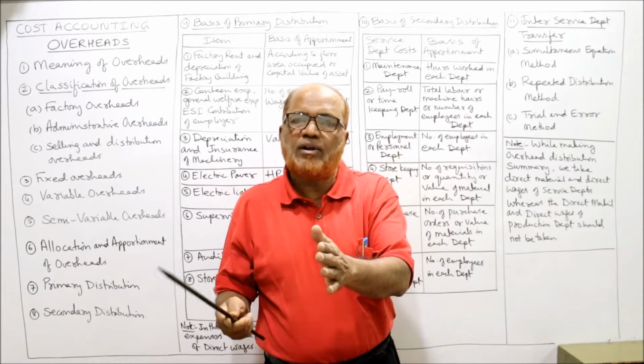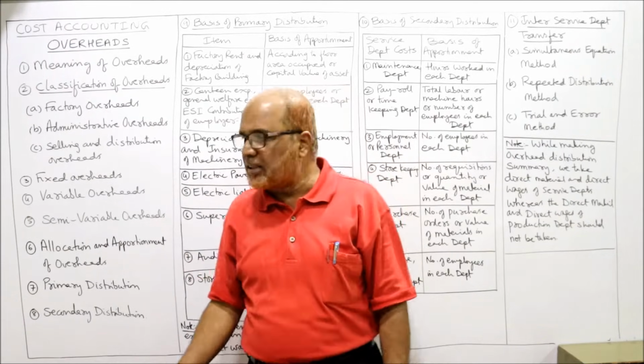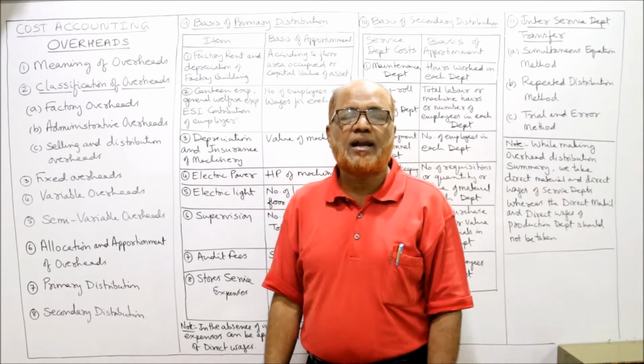The total of D and E will be absorbed in A, B and C. That is called secondary distribution.